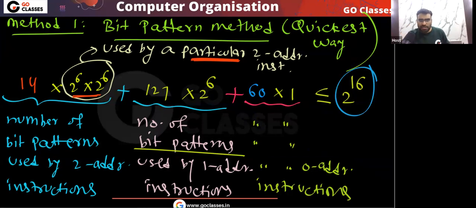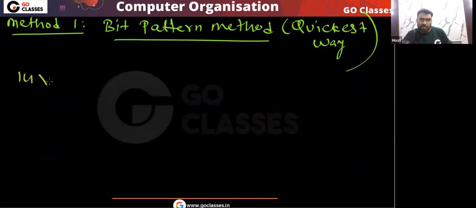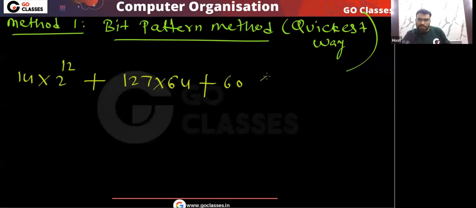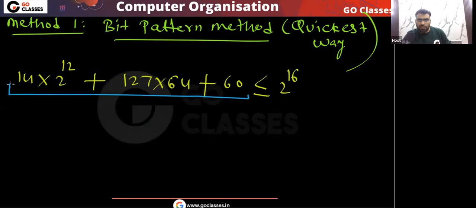Now tell me, is this equation satisfied or not? Check 14 multiplied by 2 power 12, plus 127 multiplied by 64, plus 60. Is this less than or equal to 2 power 16? Can anyone calculate this value with the calculator? The value is 65532.